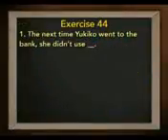Let's review that exercise. Another bank passage. You saw a sentence with a blank. The next time Yukiko went to the bank, she didn't use, and you provided the appropriate object pronoun for the automatic teller machine, which was it.